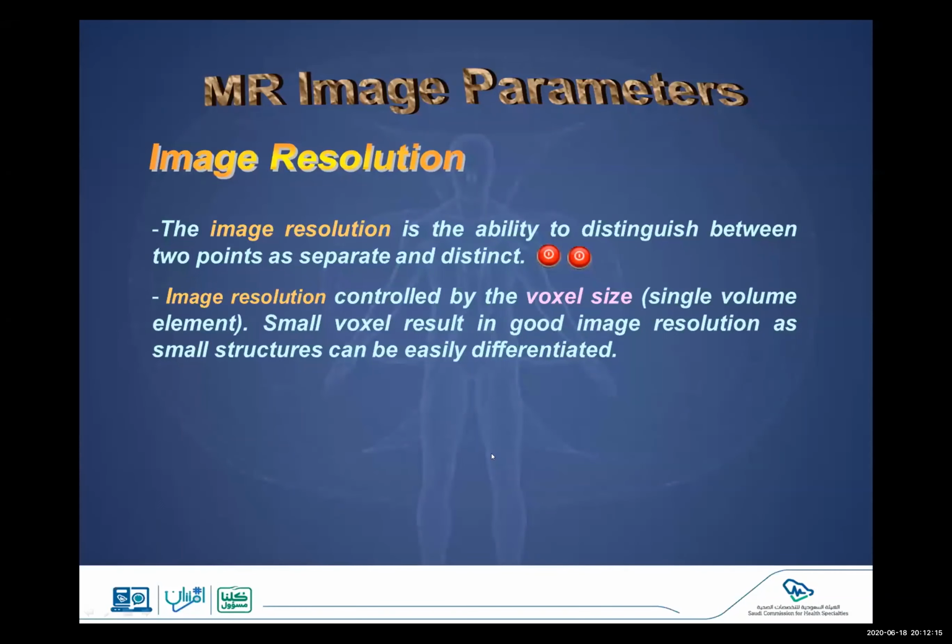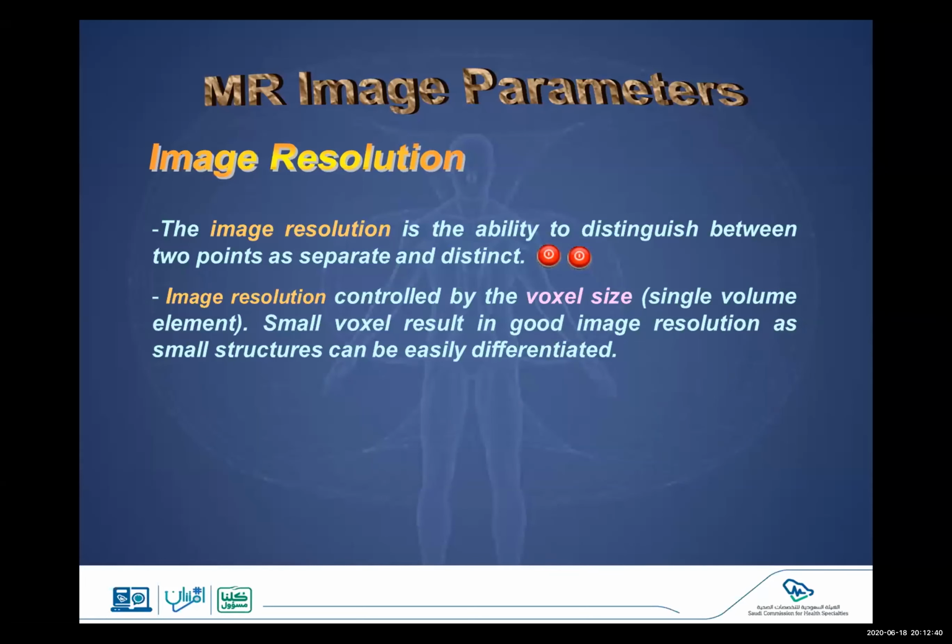So image resolution is controlled by the voxel size. We agreed that the small square is our final goal, or our limit. The smaller that square, the better the resolution. Now, in MRI, since we are dealing with 3D, thickness is very important.